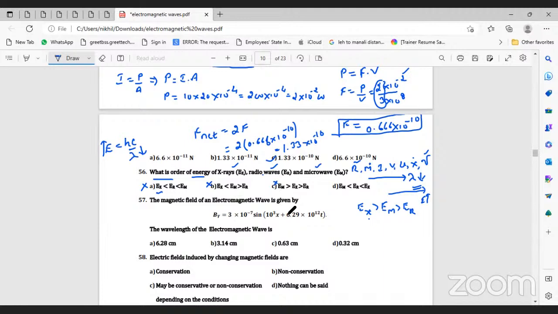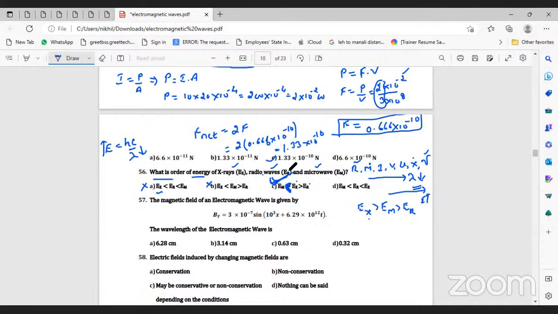They have given that X-ray is having more wavelength. X-ray is more than radio, but you can make it less than micro. You can put that less than micro. So option C will be the right answer.